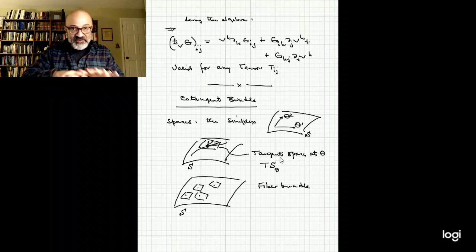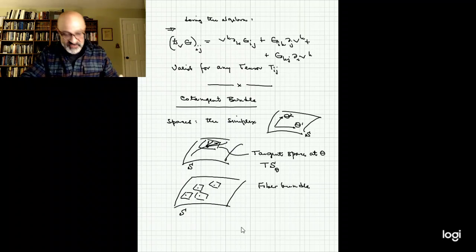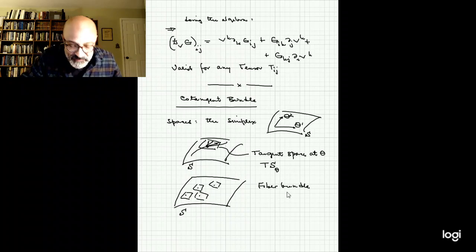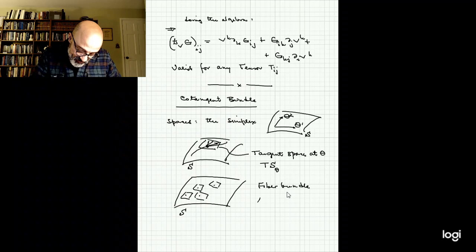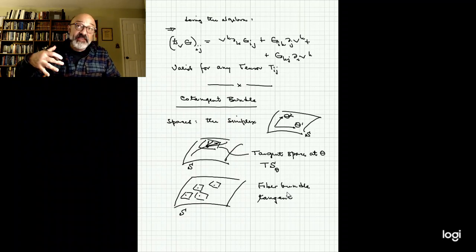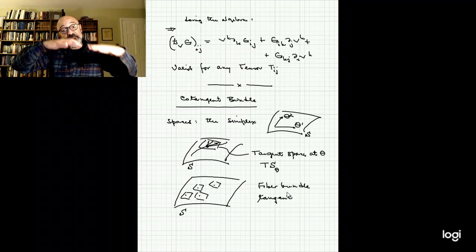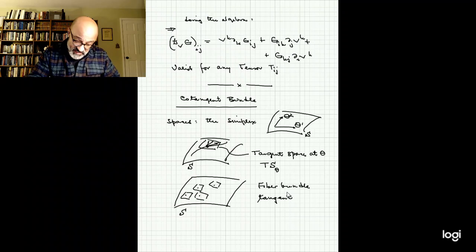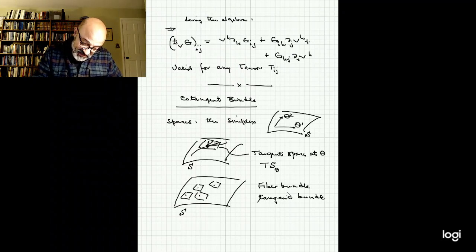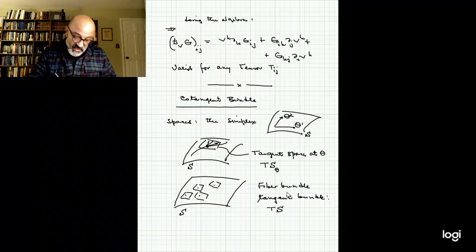It's as if you have the base space with lots of fibers, and the fibers are these n-dimensional tangent spaces. In this particular case, it's called the tangent bundle because it's the base space, S, the simplex, plus all the tangents. The tangent bundle, and we write it as just T S.